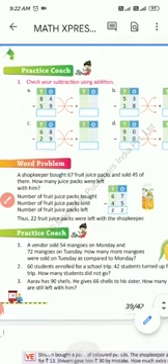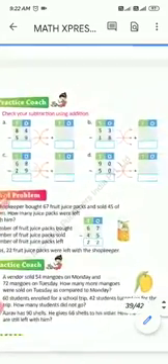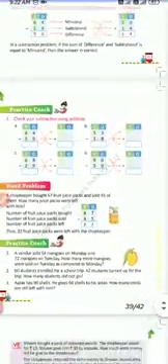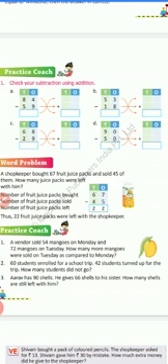Okay. Next, practice coach question number 1. A vendor sold 54 mangoes on Monday and 72 mangoes on Tuesday. So how many more mangoes were sold on Tuesday as compared to Monday?